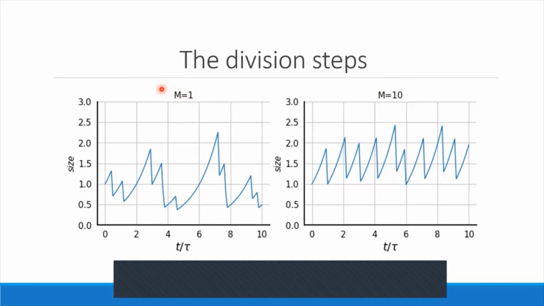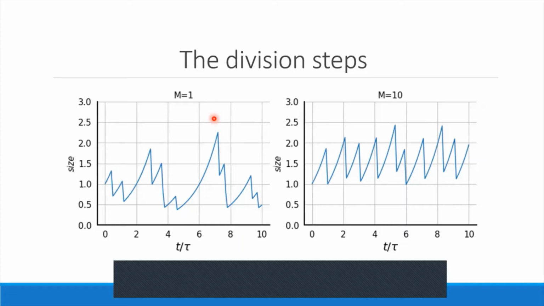If you use that number, you can see that the trajectories of the cell growth look like division happens more random than using, for instance, m equal to 10, where division has less stochasticity.